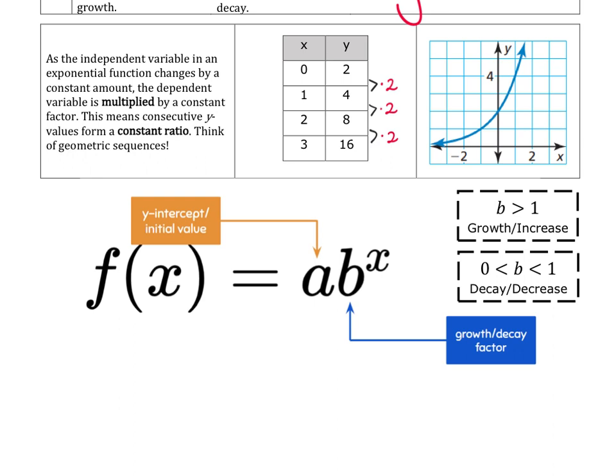Now, to write a new exponential equation, you have to use the formula f of x equals a times b to the x power. Remembering that if your b value is greater than 1, you're showing growth. And if it is less than 1, you are showing decay.